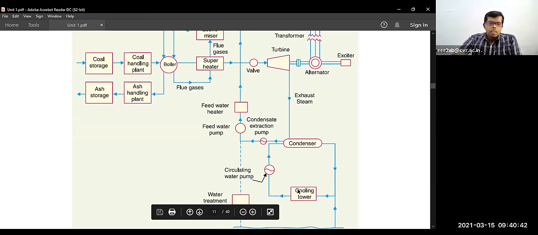in the cooling tower, one minute, I will show you.